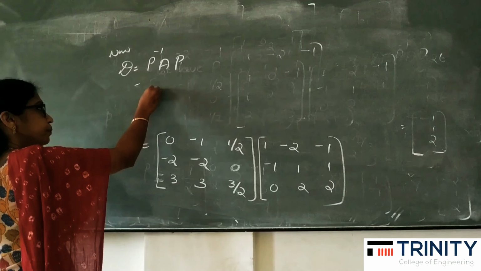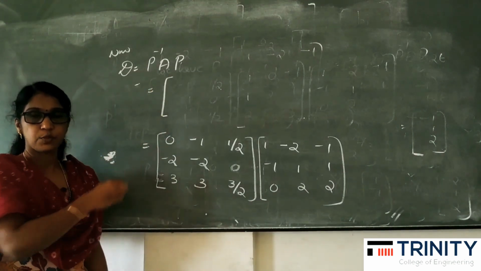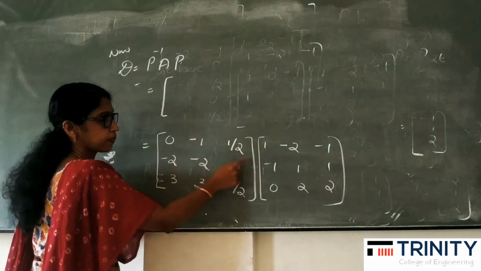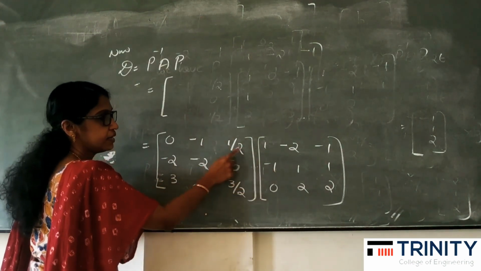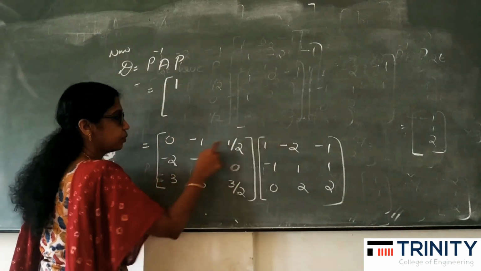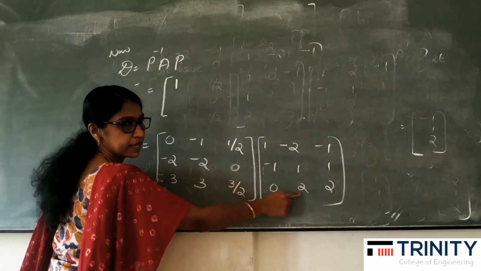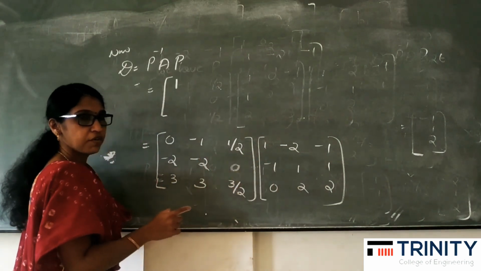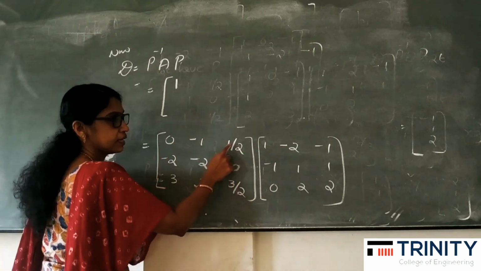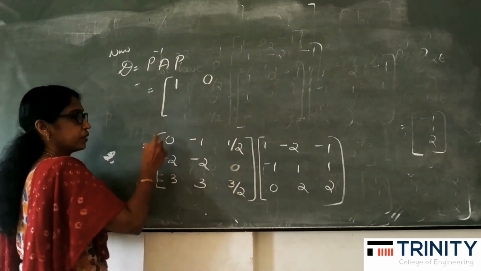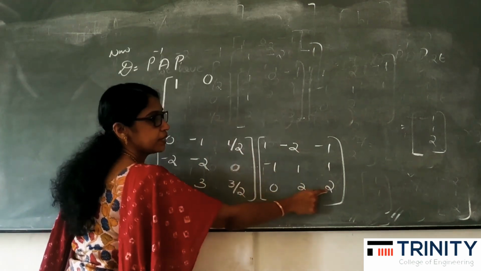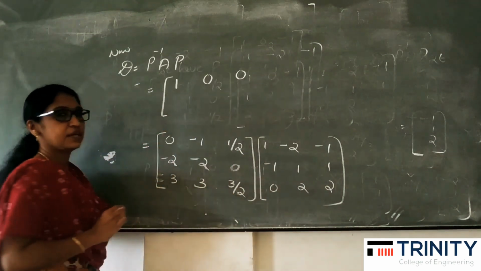This is equal to 0 into 1, 0 plus 1 plus 0, so the first element is 1. Next, 0 minus 1 plus 1, 1 by 2 into 2 is 1. The second is minus 1 plus 1, that is 0. Now 0 minus 1 plus 1 is again 0.